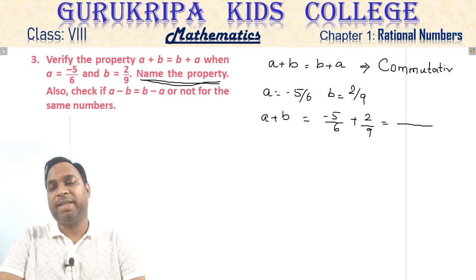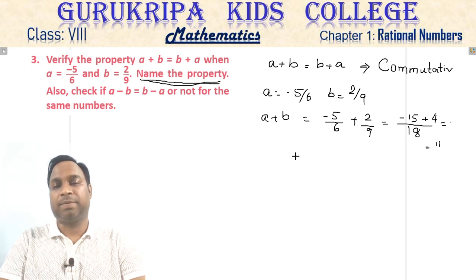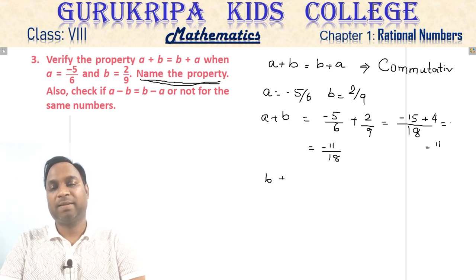What will be the LCM? 18. Minus 15 plus 4, that is equal to minus 11. So minus 11 by 18. Now if you do B plus A, what do you get? 2 divided by 9 plus minus 5 divided by 6.